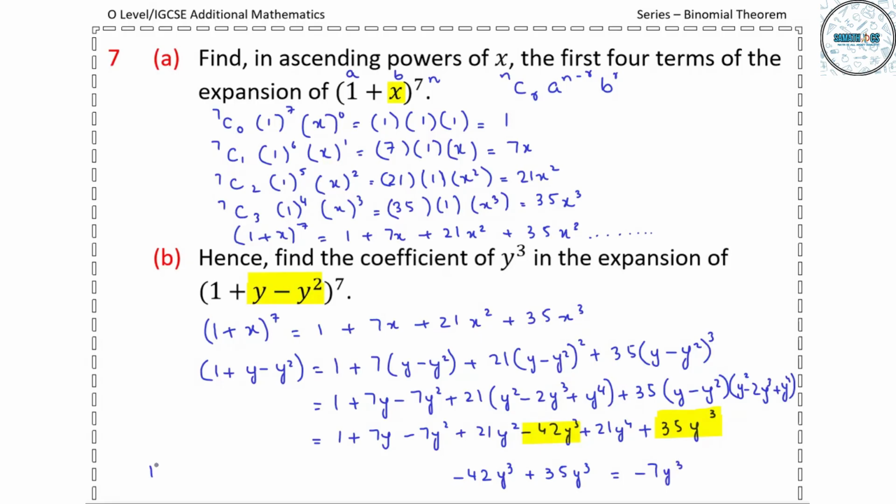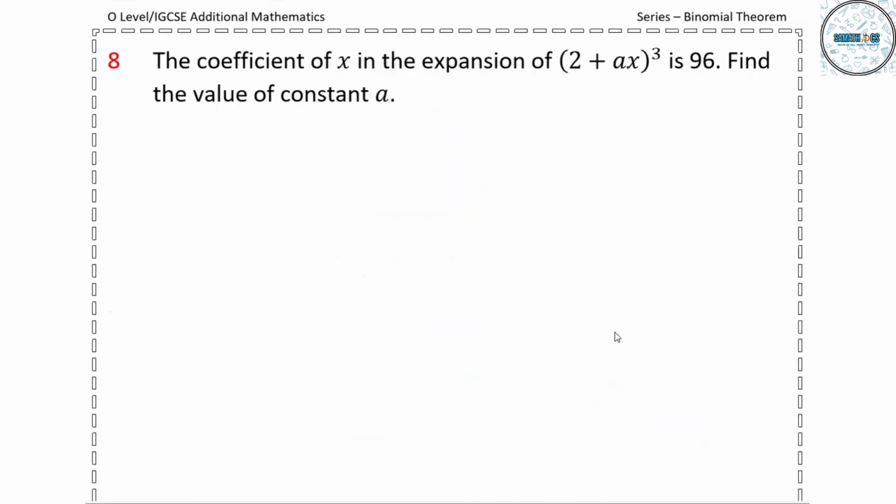So the coefficient of y cube is negative 7. Next question. The coefficient of x in the expansion of 2 plus ax with power 3 is 96. Find the value of constant a.